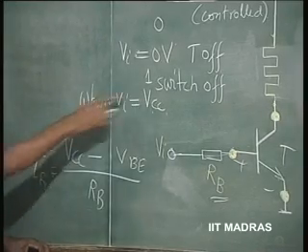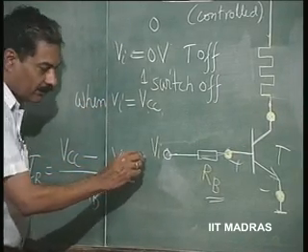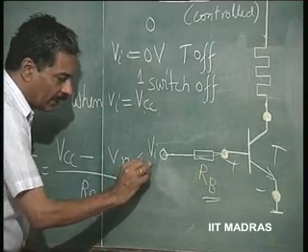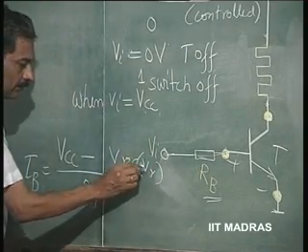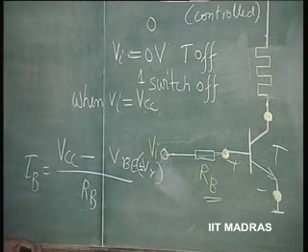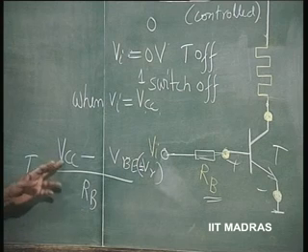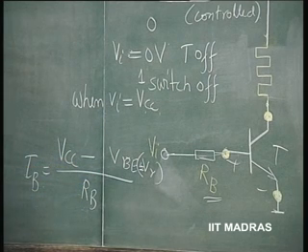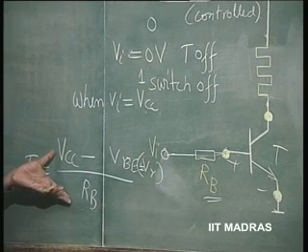VBE is of the order of 0.5 to 0.6, so V gamma. So, VCC minus VBE by RB is the current. So, you can fix the current at any satisfactory value.